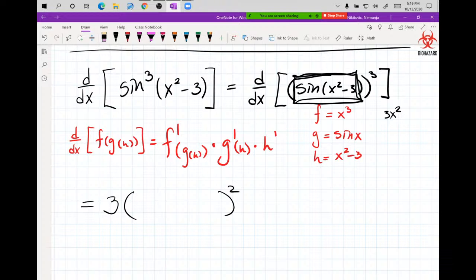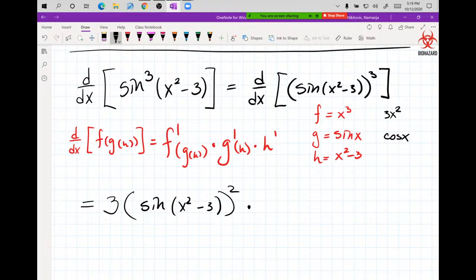Plug in the guts of the problem. So that's going to be sine of x squared minus 3. Then times, now the next one, the derivative of sine is cosine x. But we don't put cosine x. We put, again, the guts of that sine, which was this. And finally times 2x at the end.